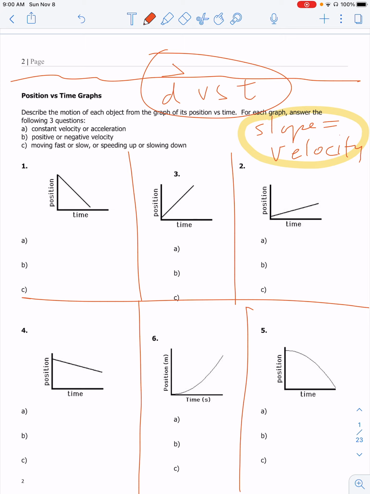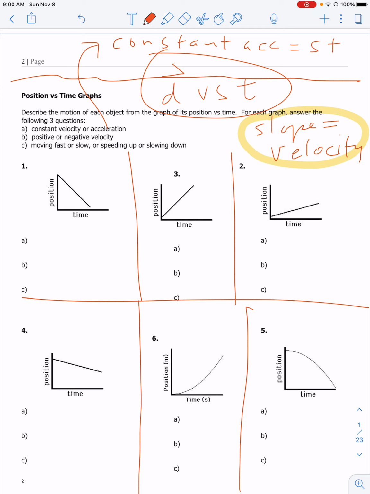Okay, so let's analyze these different kinds of graphs. Is it constant velocity or constant acceleration? Okay, first of all, constant acceleration, let's write that over here. Constant acceleration means one of two things.